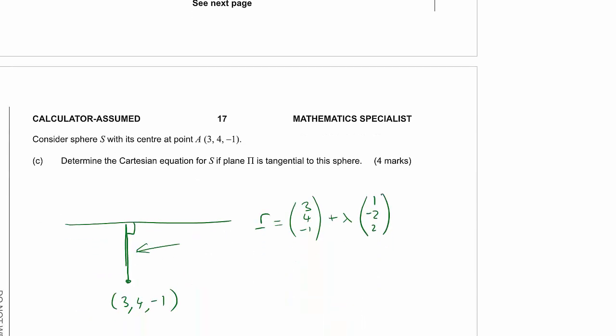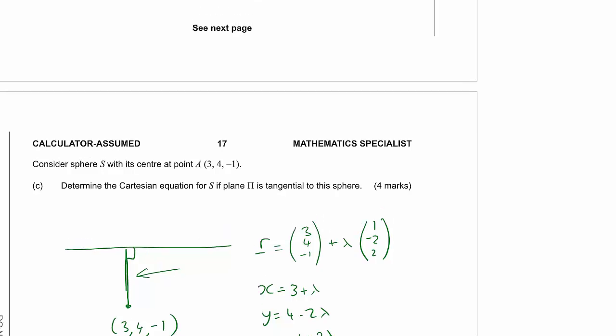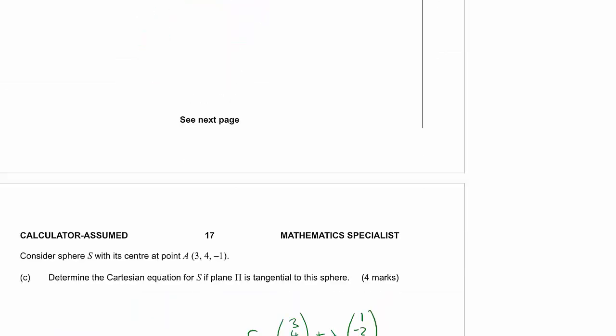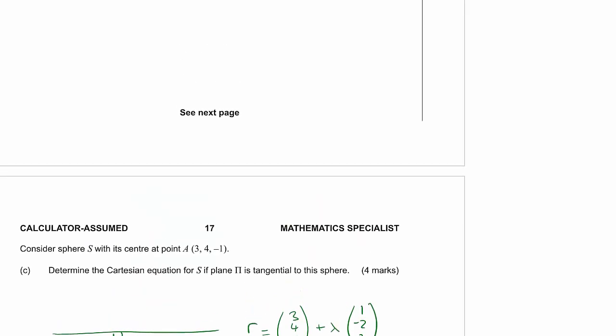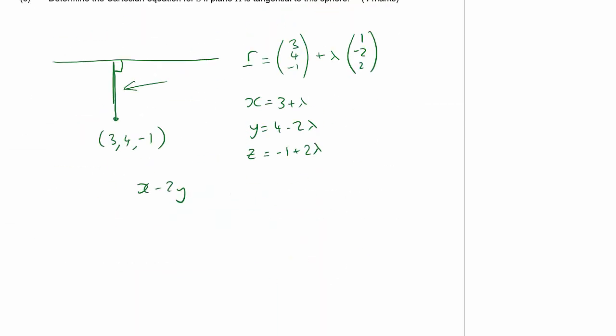And we want where that intersects with the plane. So that gives us x is 3 plus lambda, y is 4 minus 2 lambda, and z is negative 1 plus 2 lambda. And our plane was x minus 2y plus 2z equals 11.